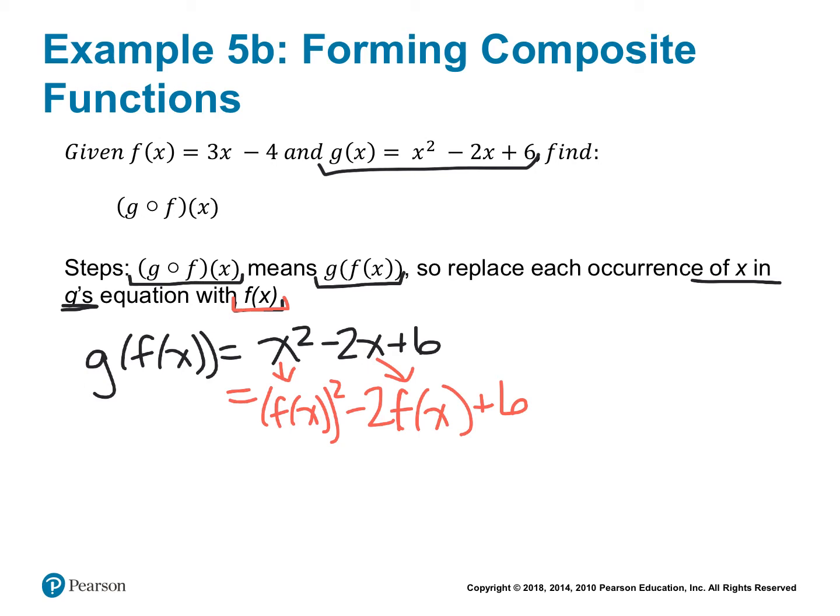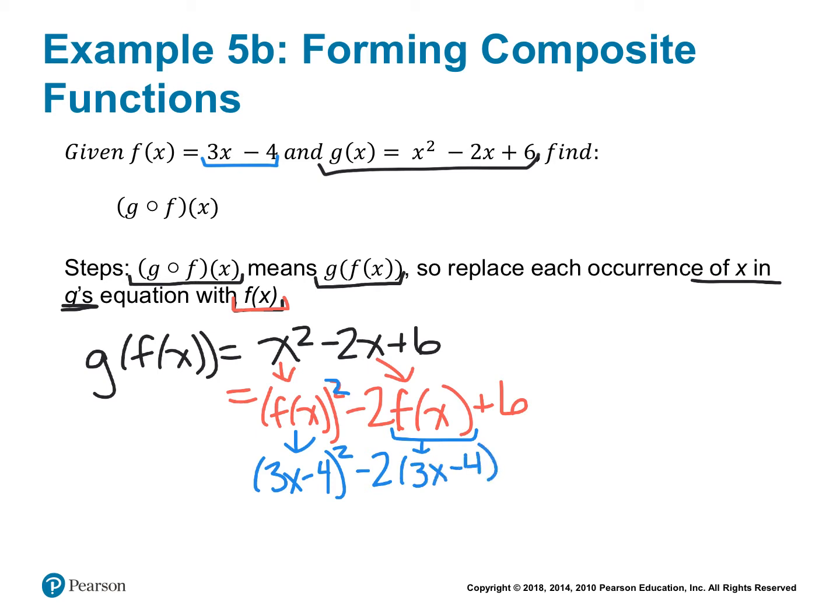So now I'm going to replace what I know f of x is right here. And again, that whole thing has to be squared. And here I can also put what f of x is.